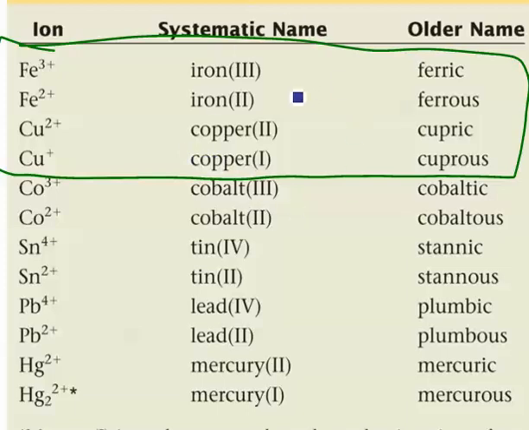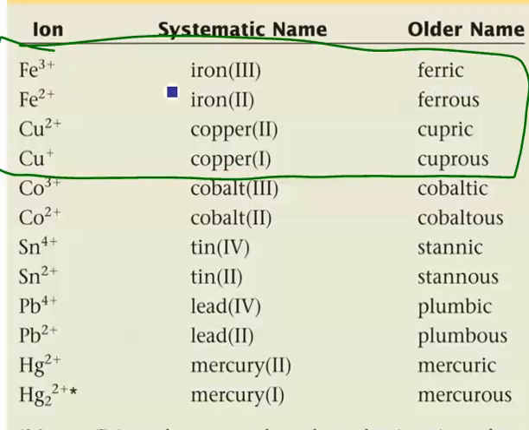However, it is perhaps more common to see these ions named using their classical system. Okay, so in this classical system, which is a little more difficult to remember, we indicate the ion. When there are two possible ions, we indicate the one with the larger positive charge with an -ic ending, using the root of the element, usually the Latin root, followed by an -ic ending.